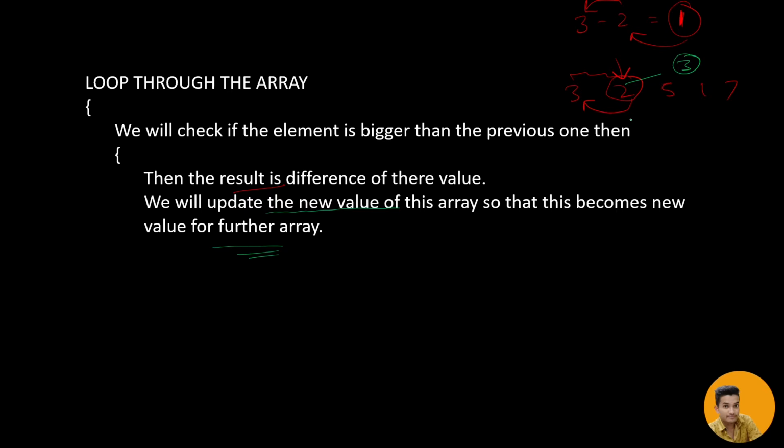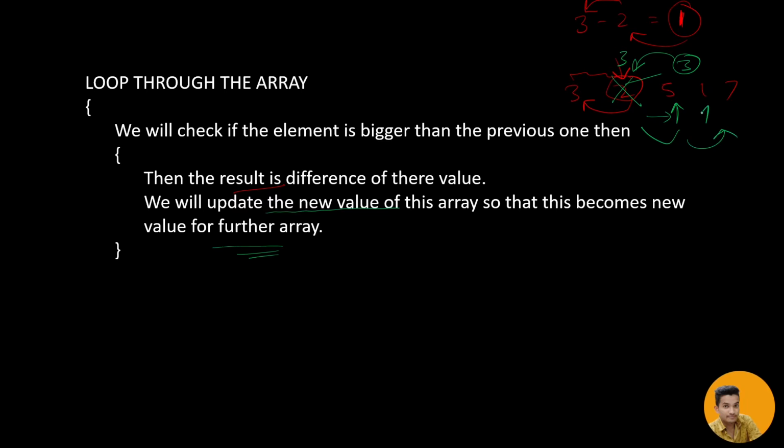That means this value will be deleted and 3 will come here. Then we'll move further. 5, we'll check. Now the previous is 3. Is it bigger? Yeah, it is bigger. So we'll move further. No need to do anything.